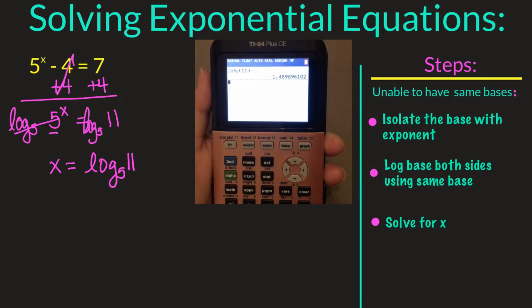All right, so it shows that the answer for x now is 1.489, but if we're rounding it to the nearest thousandth, that's going to be in the 9 position, which means you have to look one past it, and because that's an 8, it makes it round up. So it's actually going to be 1.490.